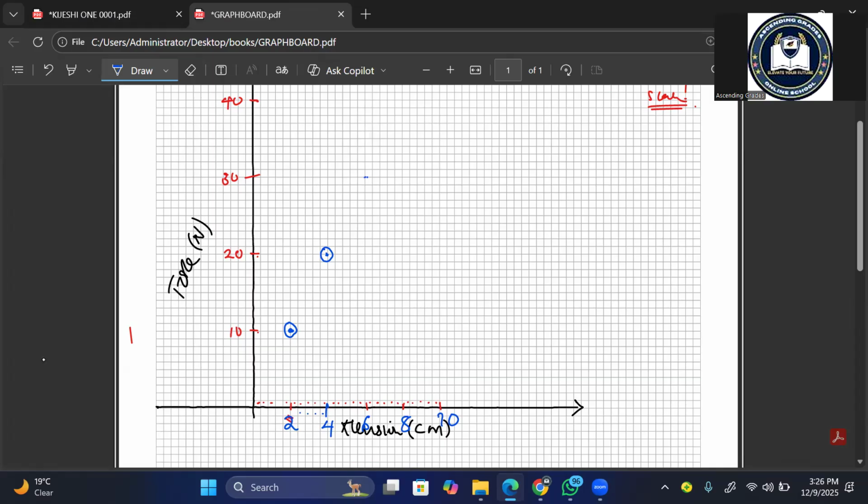You can just follow my dots as they go so that I can identify the points. Then at 8, I'm having 40. Like that.